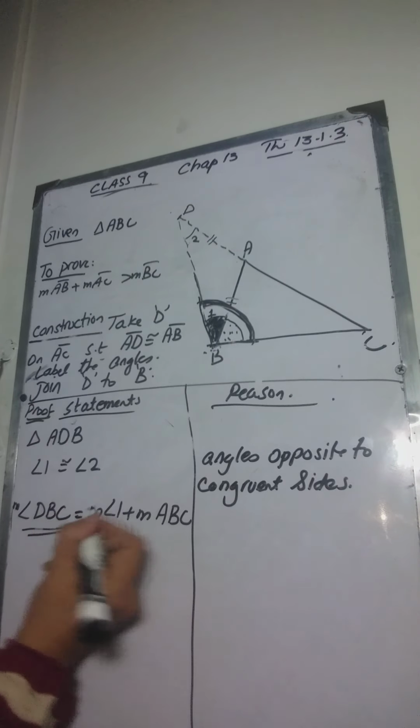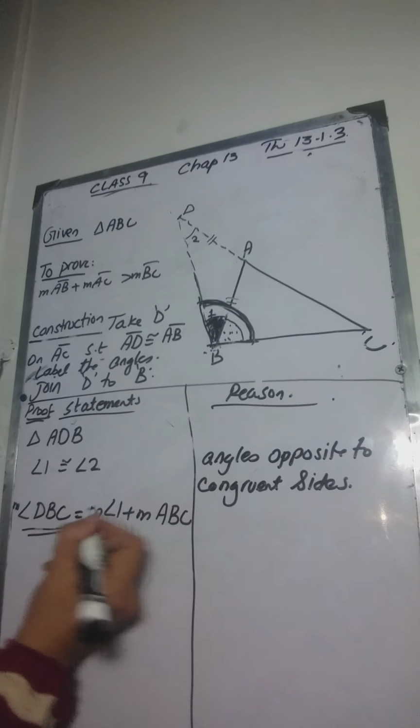Angle addition postulate means the measurement of angle DBC will be greater than the measurement of angle 1, because it is angle 1 plus some other angle. Okay, this is from 1.